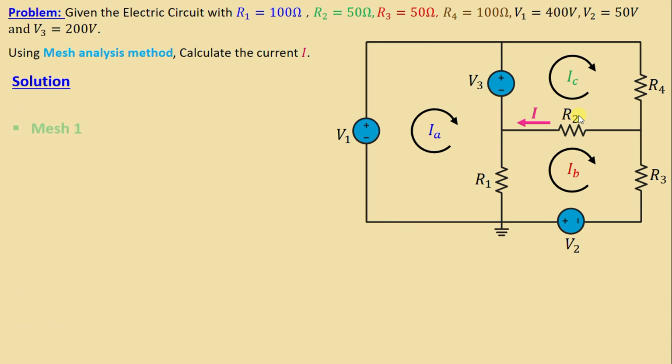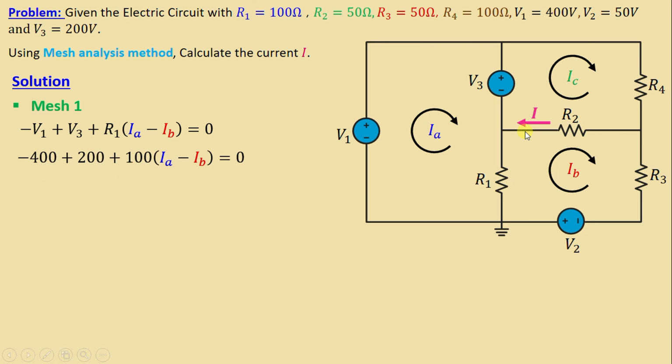Let's start first with mesh 1. By applying Kirchhoff's voltage law in mesh 1, we can write negative V1 plus V2 plus R1 (IA minus IB) is equal to 0. By replacing the resistors and voltage with their numerical values, we obtain negative 400 plus 200 plus 100 (IA minus IB).